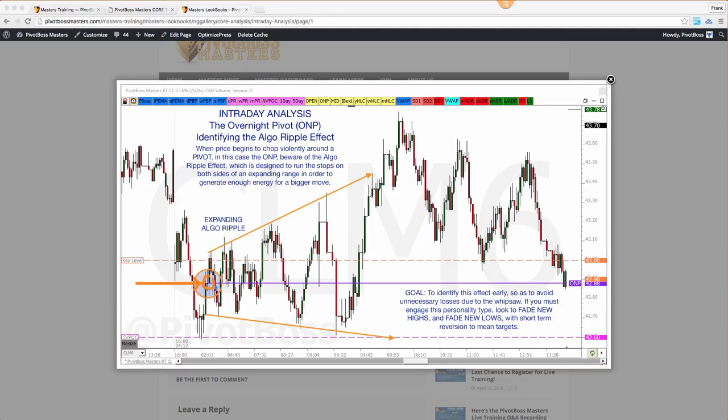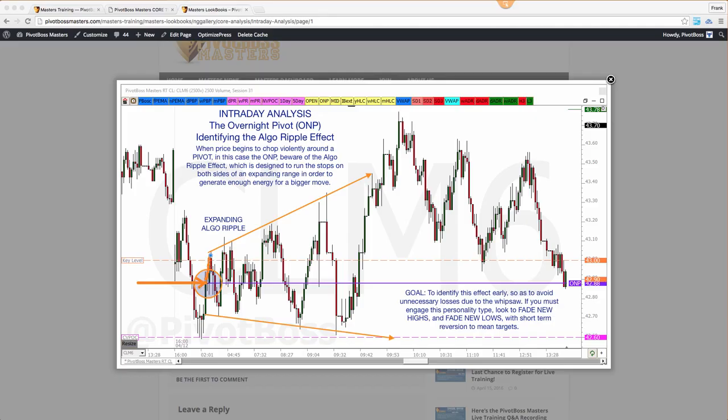And when this overnight pivot forms, price goes up a little bit and then down a little bit. And anytime price does that around any pivot, whether it's the open price, the previous close price, whatever the case may be, whenever price immediately goes up and below it, right there, that is your first inclination that this could be an expanding ripple. Because what's happening at this stage is that price really has no momentum right now.